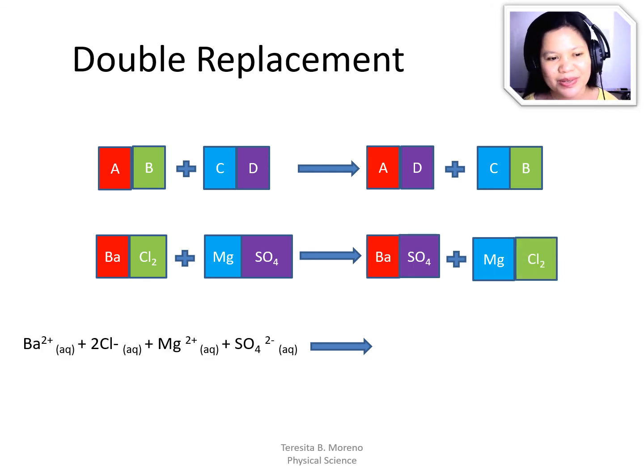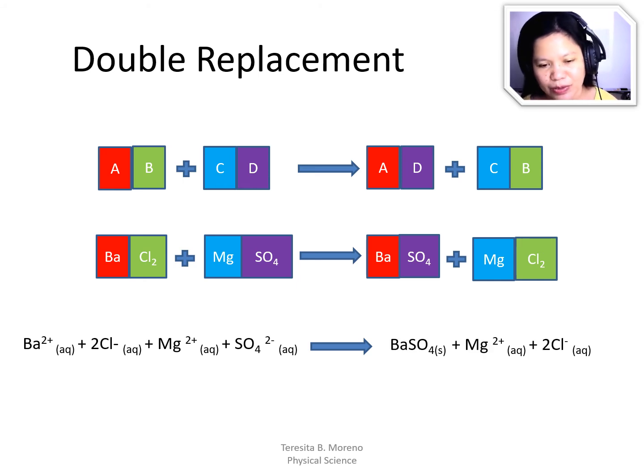Very good. So in short, this is how we identify their chemical formula. If you notice, we consider the positive charge and the negative charge. Okay, barium is a cation of positive 2, while magnesium is a cation of positive 2. Chlorine is anion negative 1, and SO4 is negative 2.